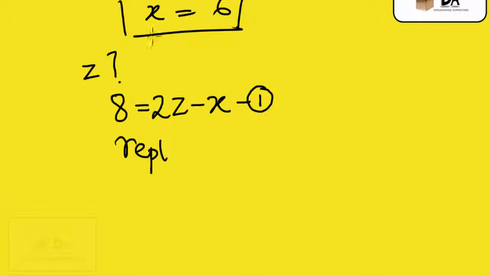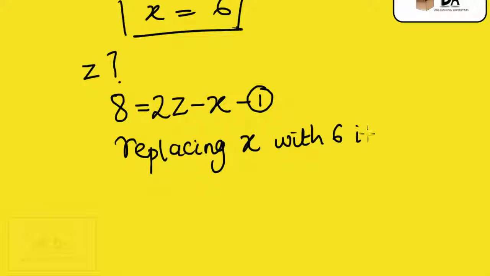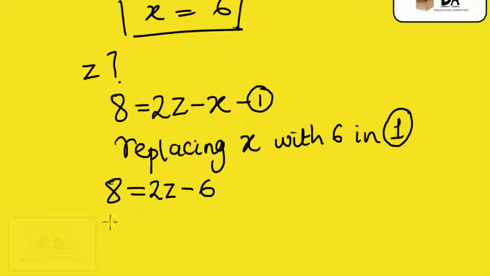Replacing our result, x equals 6, gives 8 equals 2z minus 6.